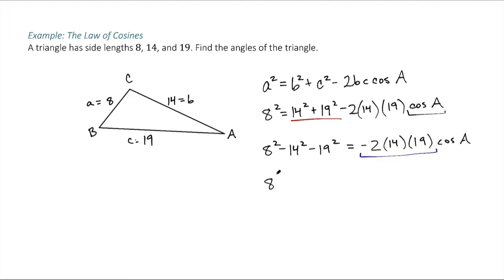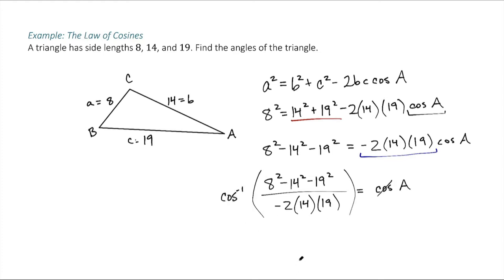So we have 8 squared minus 14 squared minus 19 squared over negative 2 times 14 times 19 equals the cosine of A. So that means that the angle A will be the inverse cosine, the arc cosine of this number here. Okay, I'm going to go ahead and just write that here, cosine inverse of that.